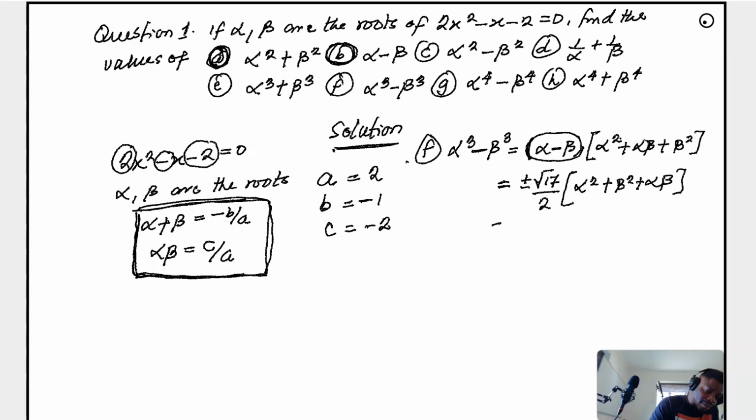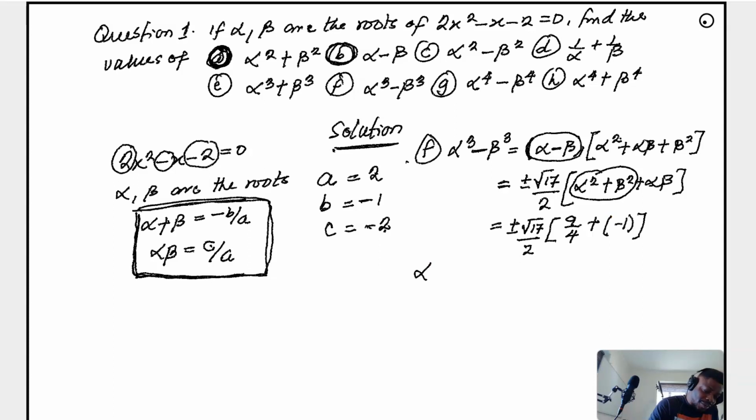Let's write that first. This is plus or minus root 17 over 2. So alpha squared plus beta squared, that is what we did in option A here, question A, and we got 9 over 4 for that. Plus alpha beta is C over A, and that is minus 2 over 2. Minus 2 over 2, that is minus 1.